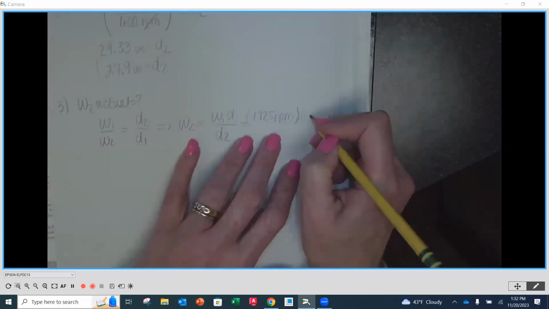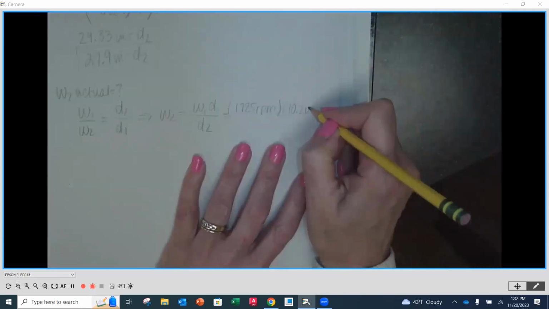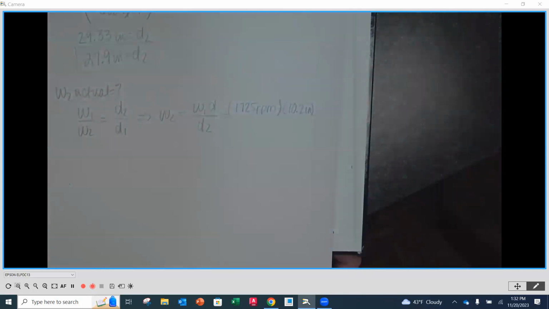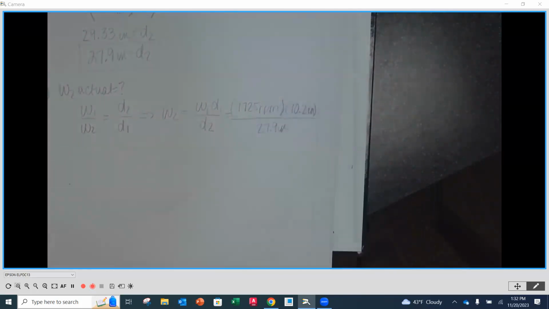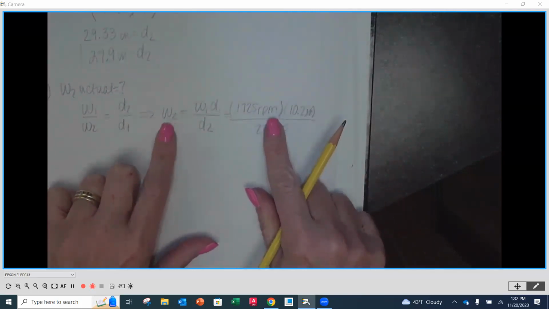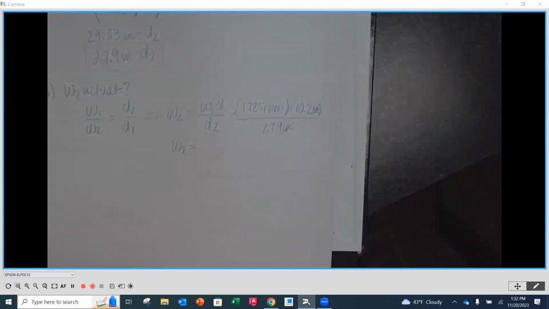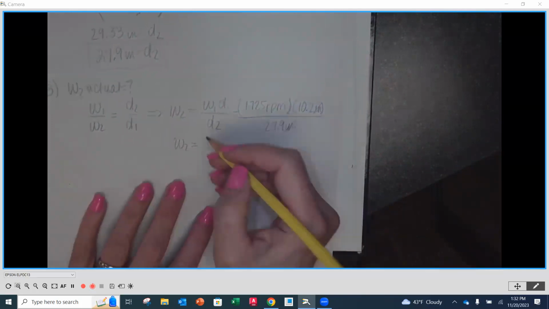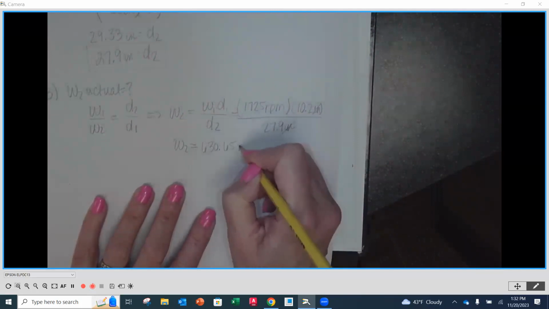We know that D1 is 10.2 inches in there, divided by 27.9 inches. So inches cancel top to bottom. RPM is left over for a W2. That's good. So my W2, now this is actual, is 630.65 RPMs.